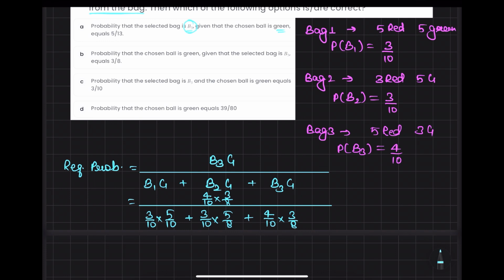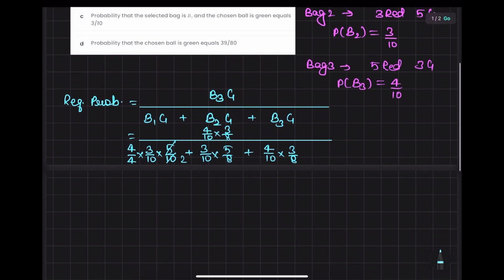Now if you observe, it is 80 but it is 100, correct? So taking the LCM will become a little bit difficult. So what I will do, I will simplify things. So it will become 20, and 20 can be converted into 80. Now it is 80, so numerator and denominator will have the same thing on the denominator part. So you have to multiply numerator and denominator both by 80.